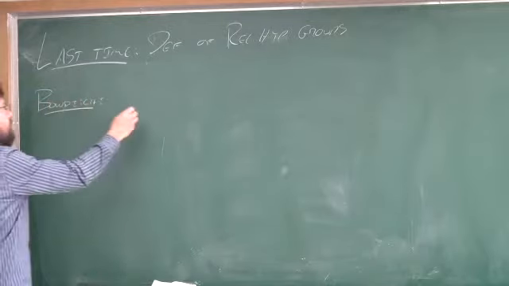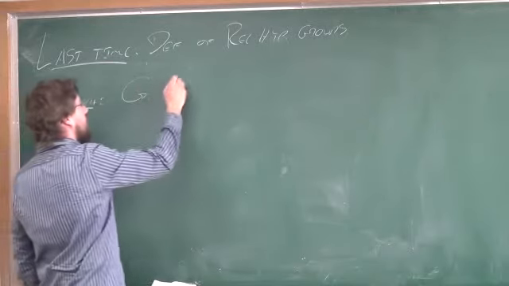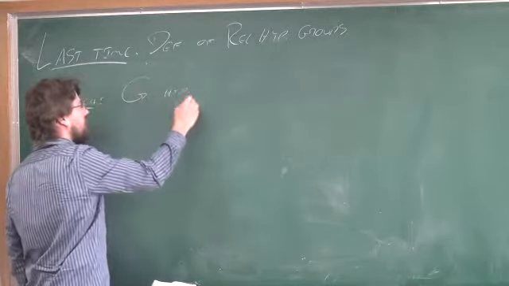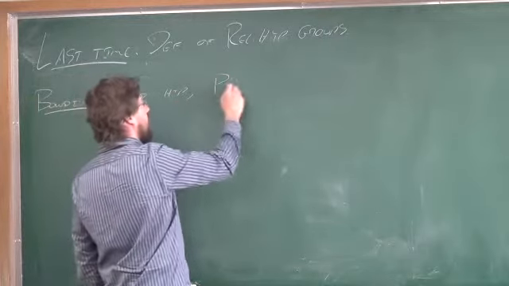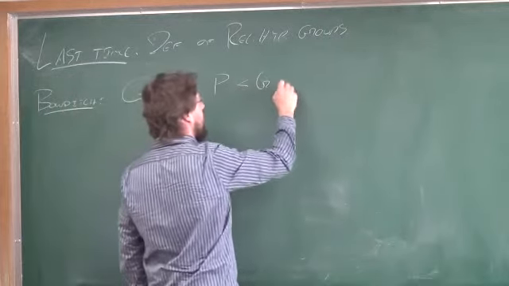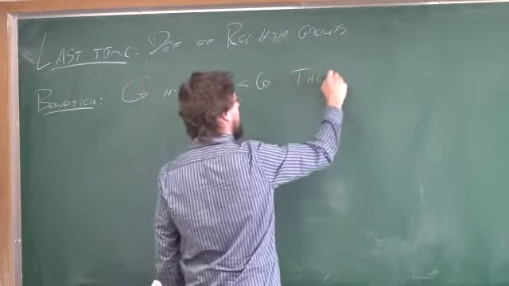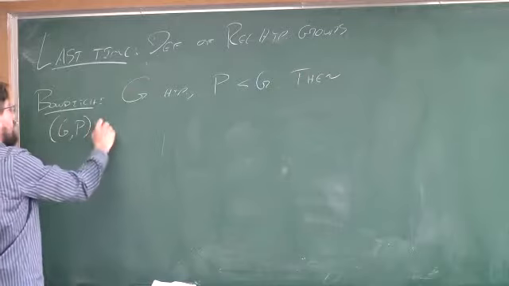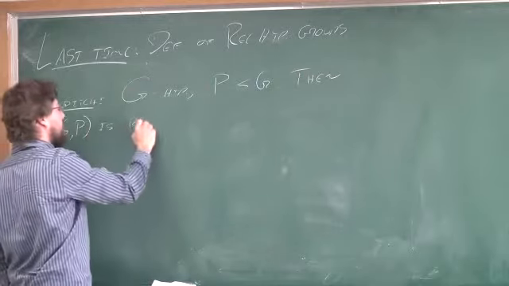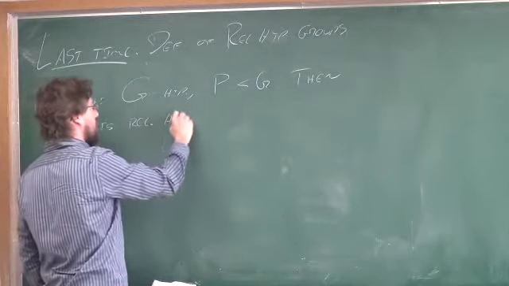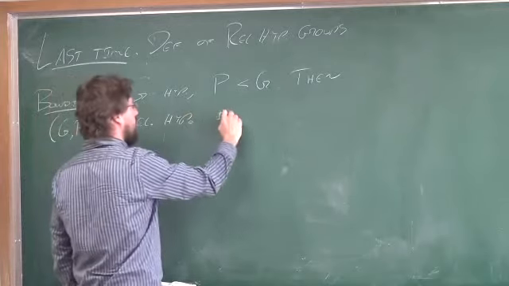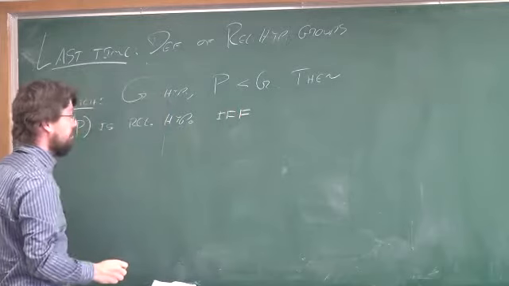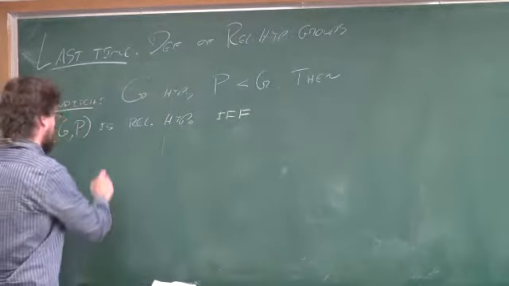Which was that if I have G hyperbolic, and if I have P a subgroup of G, then the pair (G, P) is relatively hyperbolic if and only if P is quasi-convex and almost malnormal.